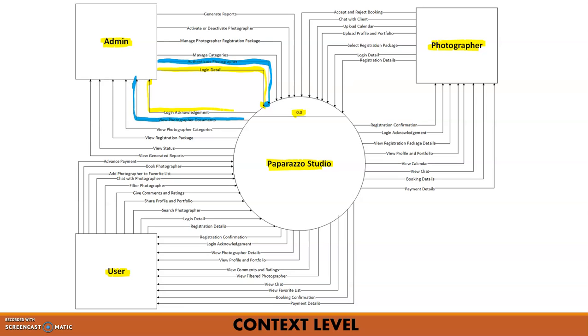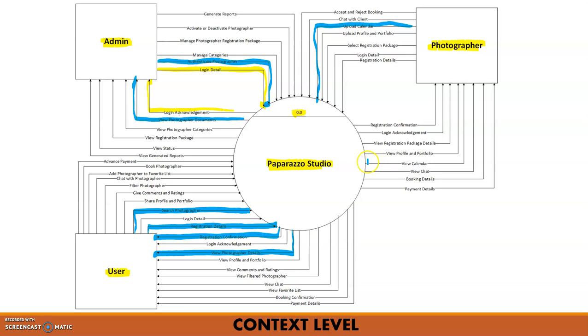Similarly, here we have a user. What can the user do? The user can enter the registration detail, and the system can give the confirmation of the registration. The user can search for a photographer, and the system can give the details of the photographer, right? Okay, what can the photographer do? The photographer can upload the calendar, right?